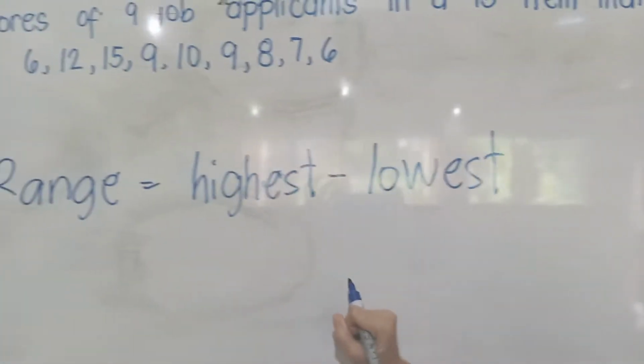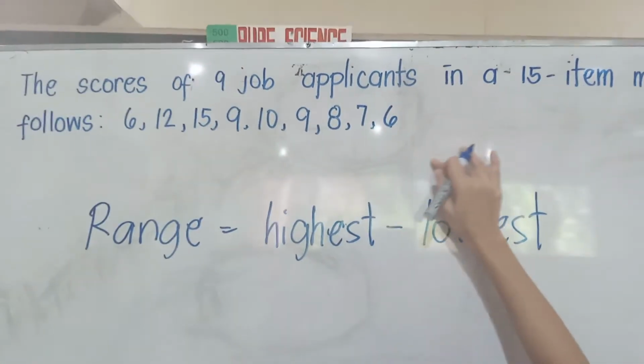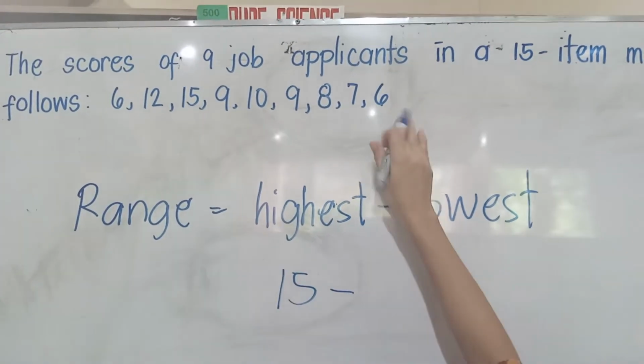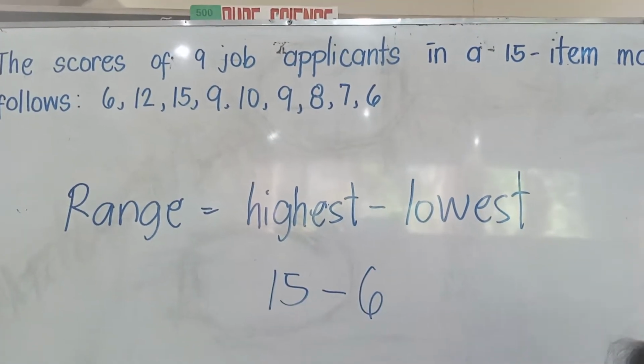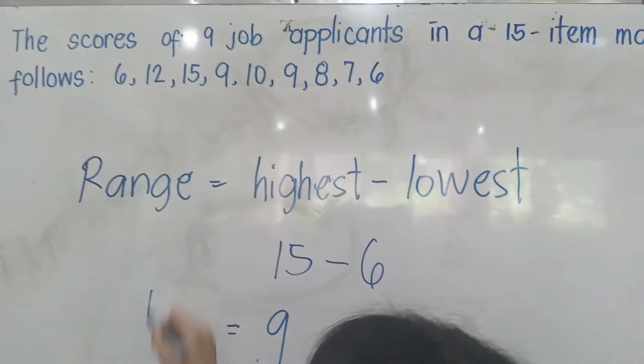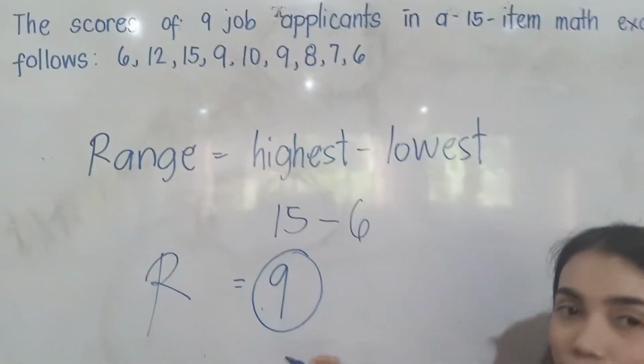As you can see, the highest score here is 15 and the lowest is 6. So therefore, the range is 9. So this is our range, 9.